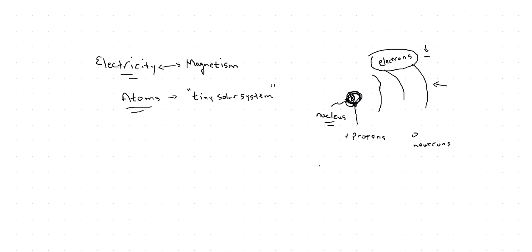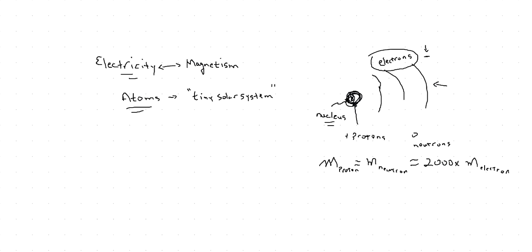The mass of a proton is almost the same, not quite, but almost the same as the mass of a neutron. And both of these are approximately about 2,000 times the mass of an electron. Okay, so the electrons are tiny specks.